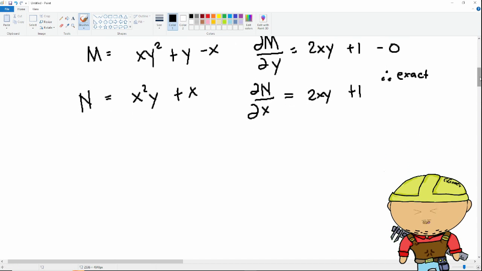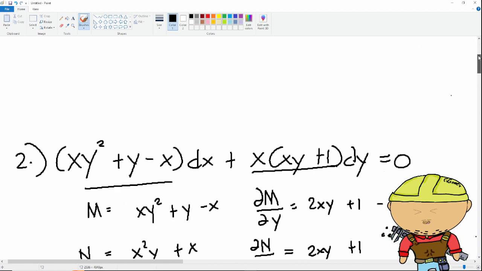Next, solve. We integrate both the left and right parts. So mdx, we integrate this side first, the red side, and then the green side, the right side.